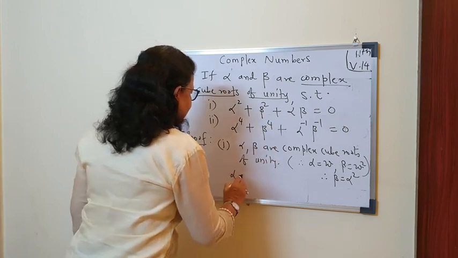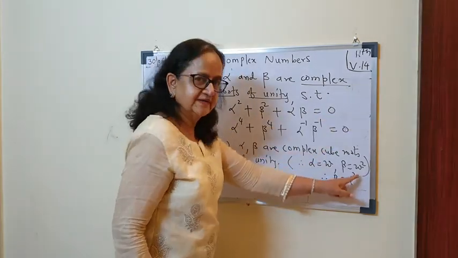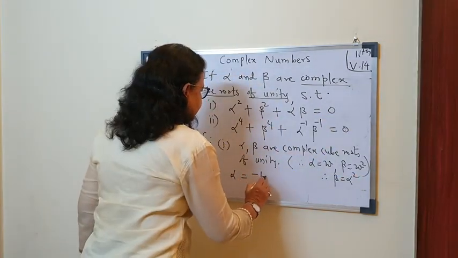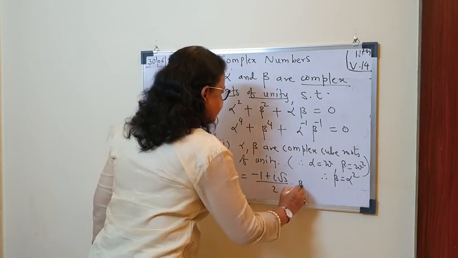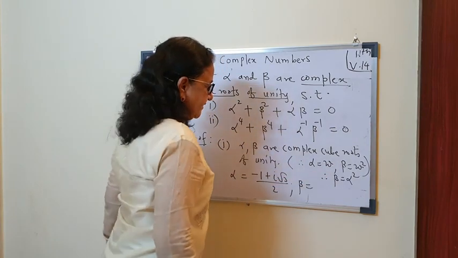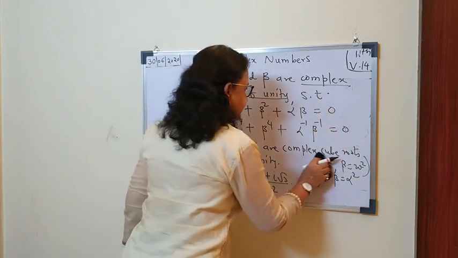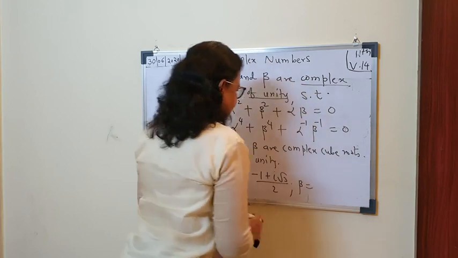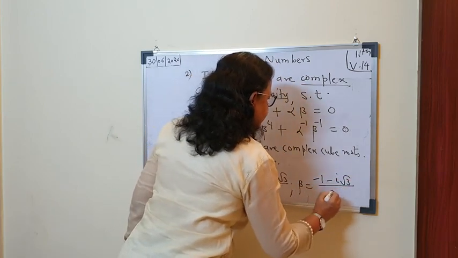Okay. Actual value of alpha, that is omega, which I wrote on one side. What is that value? Minus 1 plus i root 3 upon 2. And what is the second value? That is omega square, beta. Please write this in the notebook. So beta, the value is minus 1 minus i root 3 upon 2.